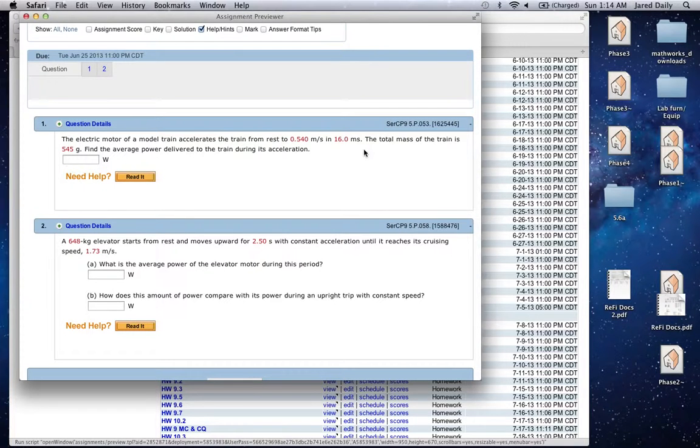We'll just need the distance, right? So we can also use a kinematic equation to find the distance. So two kinematic equations from the last chapter to find your acceleration and your distance traveled. Then you can use force times distance to get your work, divide that by the time that they give of 16 milliseconds. That's 10 to the minus 3 seconds. And you're good to go.